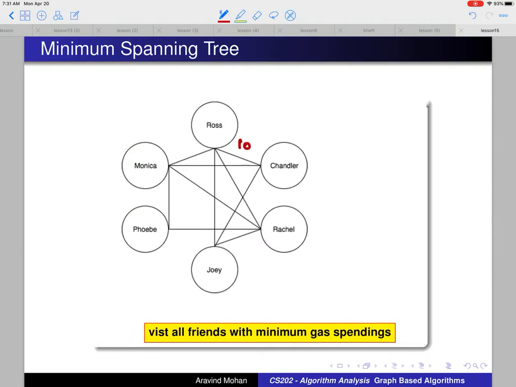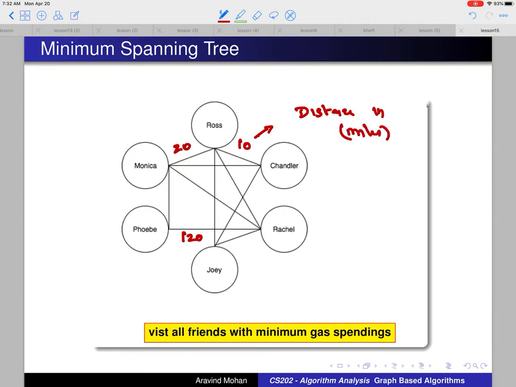Let's say I pick 10, and this one is 20, and I pick 120 here. The edge weight we are adding to this graph is simply the distance between those two friends, the distance in miles, let's say.